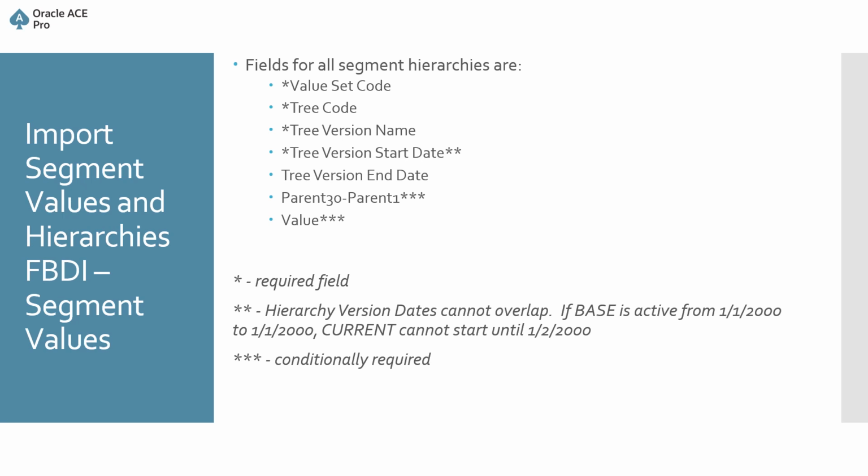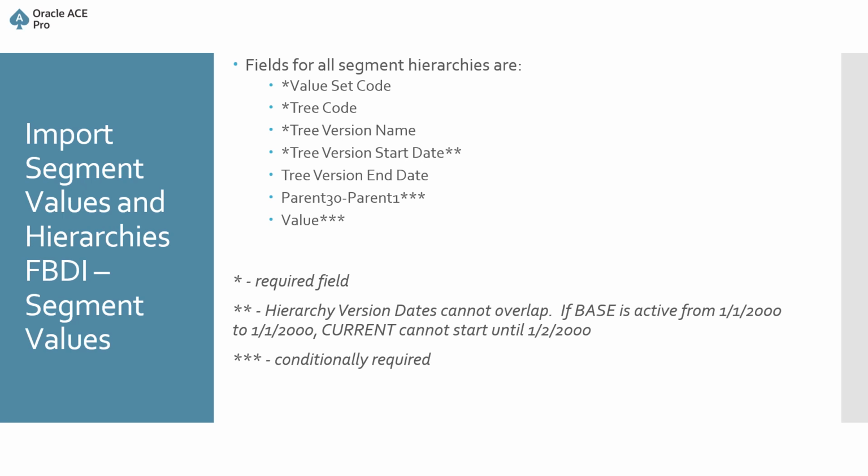The important thing with these start dates is that within the same hierarchy, you cannot have versions that overlap. So if base is active, and the example we had was always base and current, if base is active on January 1st, 2000, end date it on January 1st, 2000, and start current on January 2nd, 2000. I've marked the other ones as conditionally required.